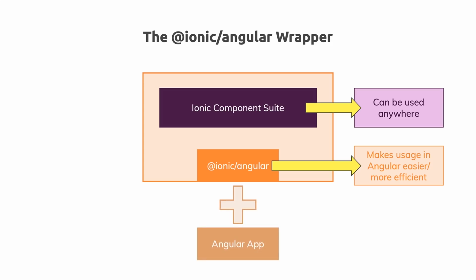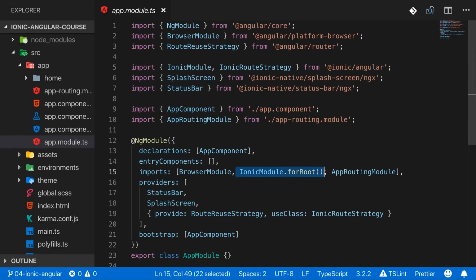So in an Angular app, we use this Ionic Angular package, which gives us the Ionic component suite, but which acts as a so-called binding, as it makes the usage of these components easier and kind of gives us a bridge to conveniently use them in a way we would use Angular components as well, you could say. And the Ionic module here does just that. It basically includes all these web components and gives us that extra magic on top of it, which will help us with, for example, these controllers.